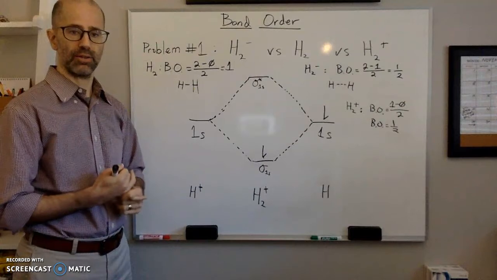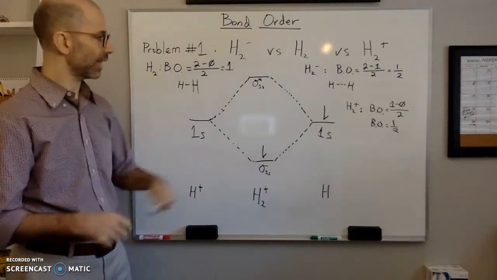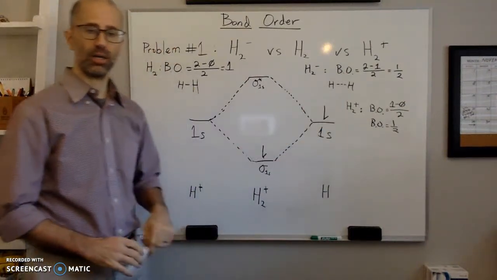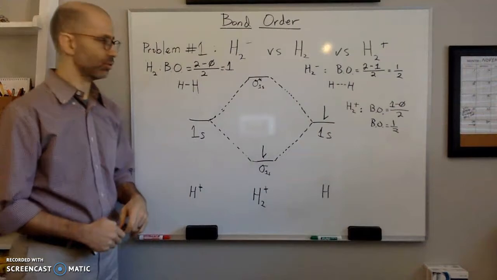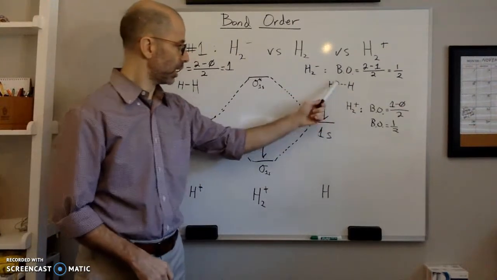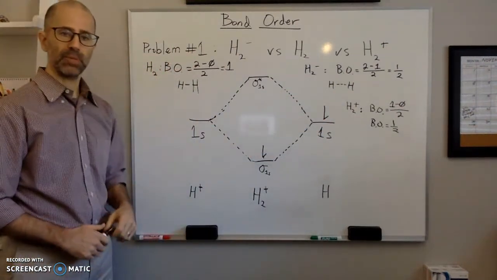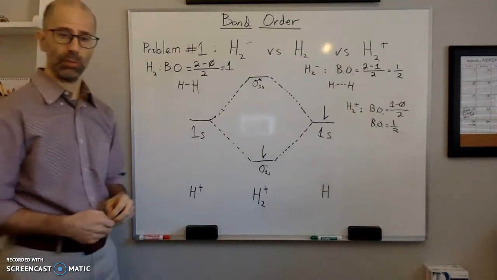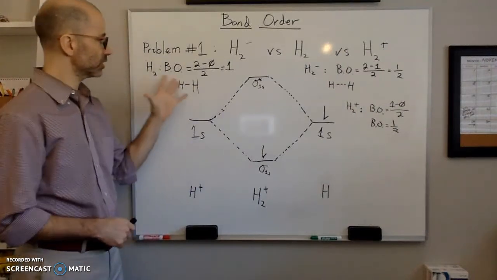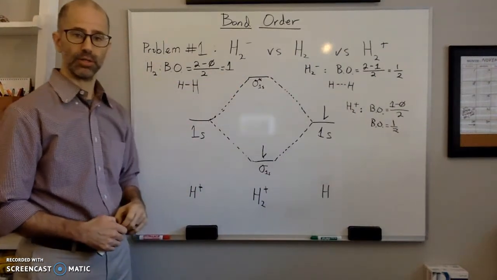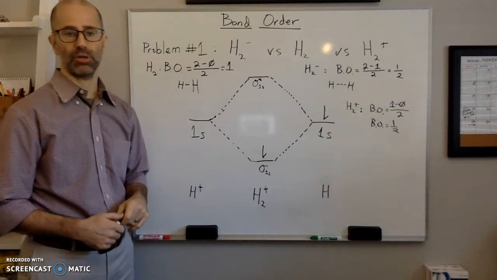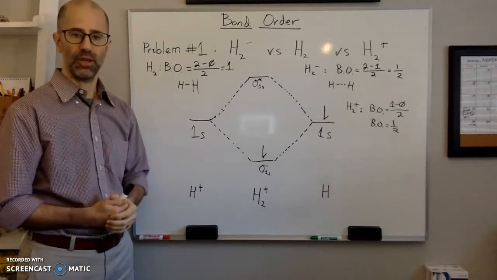The bond strength is lower, the length of the bond is going to be longer, and it's going to be less stable. So these are going to be weaker bonds than this one. And that's how you can use molecular orbital theory to determine the stability of different molecules based on bond order.